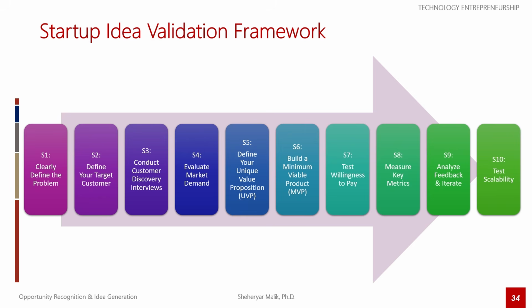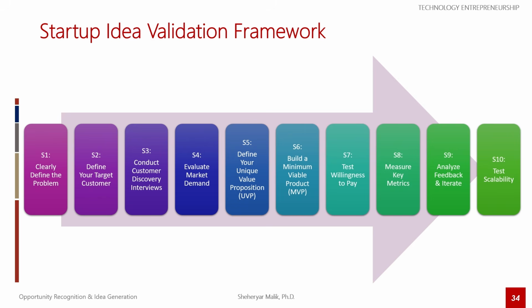Then in step 7, you're going to test the willingness of your customers, how much they can pay. In step 8, you're going to measure the key metrics. And in step 9, you're going to get the feedback, analyze it, and then eventually iterate your product or service. And then in step 10, once that whole process is done, you're going to test the scalability of your product.